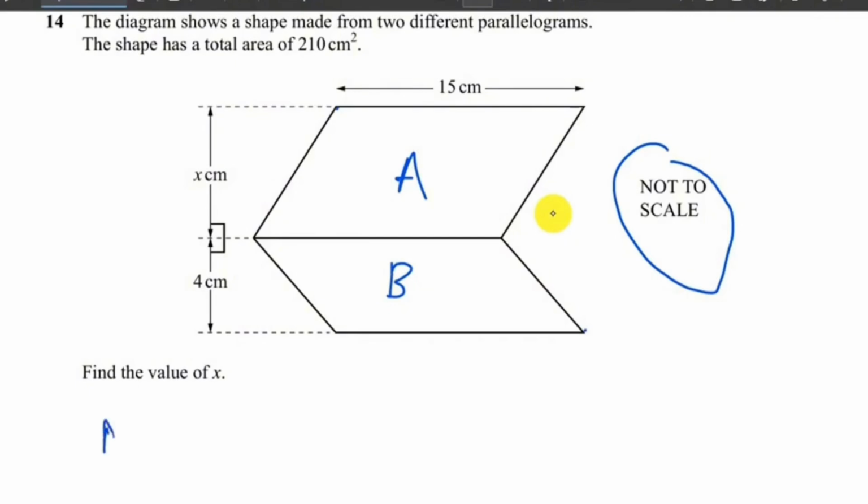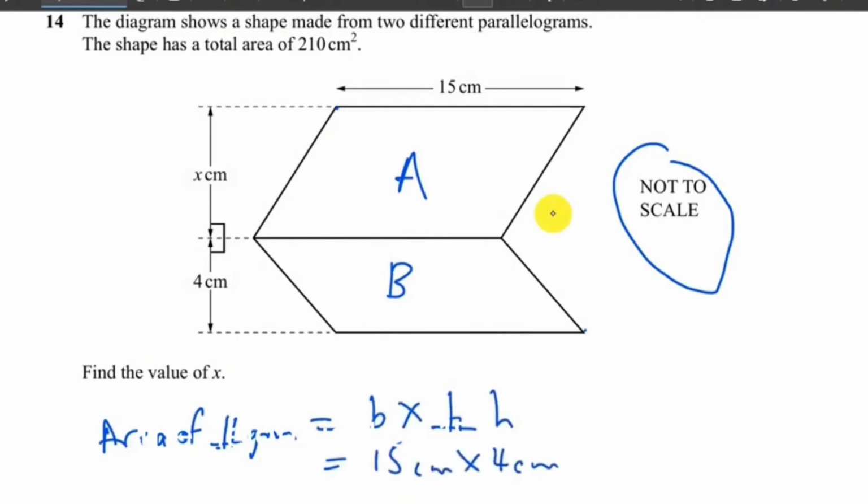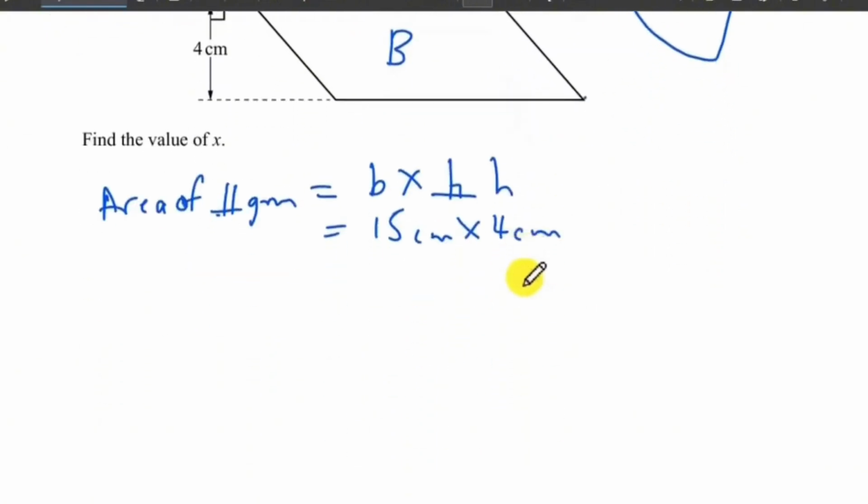The area of a parallelogram is equal to base times perpendicular height. So the base is 15, the height is 4. So 15 centimeters times 4 centimeters, and the units of the area are square centimeters. So 15 times 4 is 60 square centimeters. So the area of parallelogram B, as I called it, is 60 square centimeters.